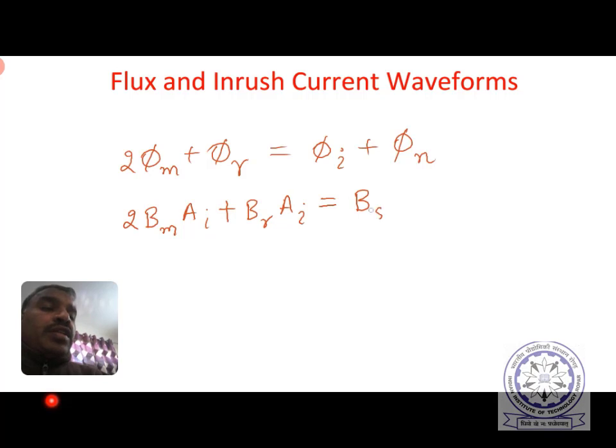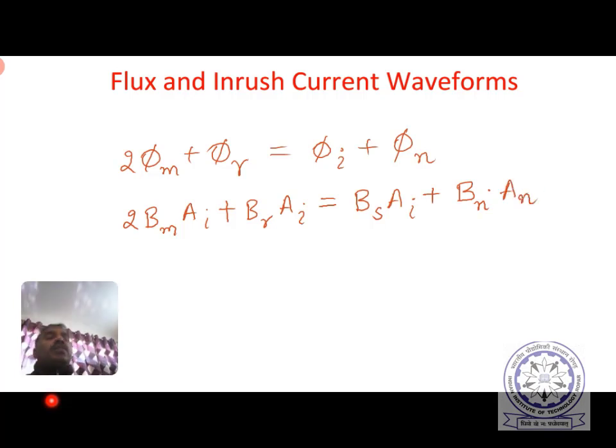B saturation, because iron is saturated under these conditions. So B saturation flux density into A iron again, plus Bn, the non-magnetic portion, and An, the non-magnetic portion equivalent area. Now divide this by Ai.